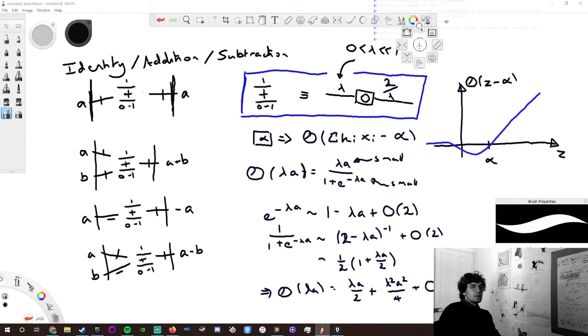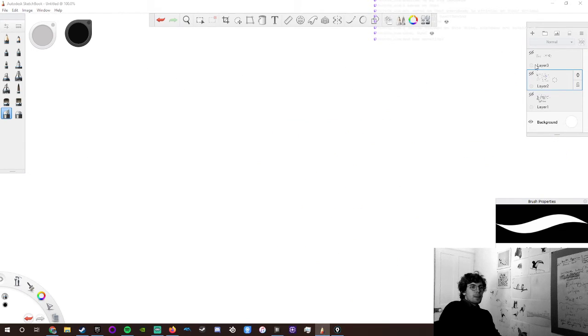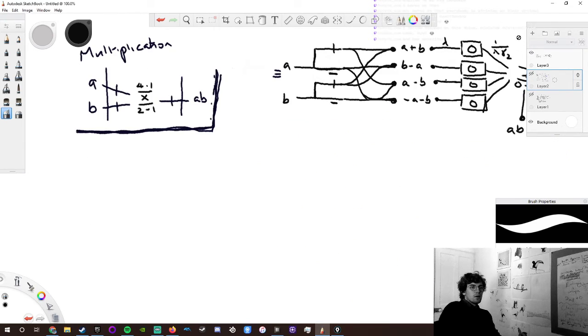Can we get layers back? There we go. Whoa! No, please go away. This is how we were able to draw over here. There we go. I know what you are.